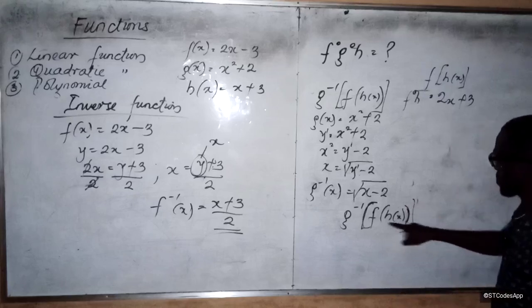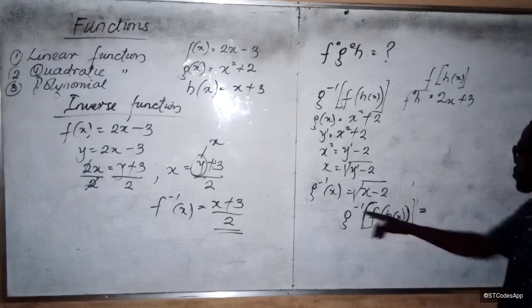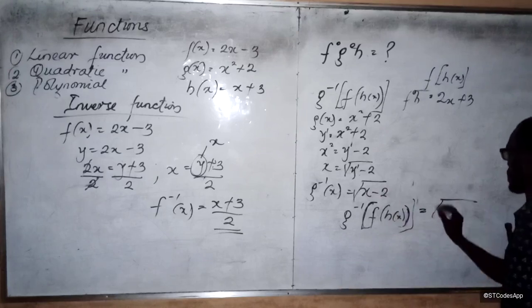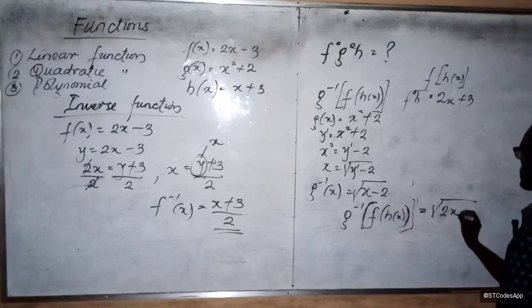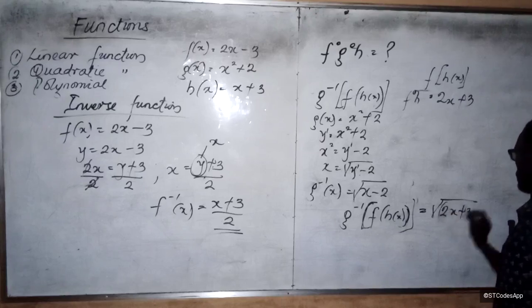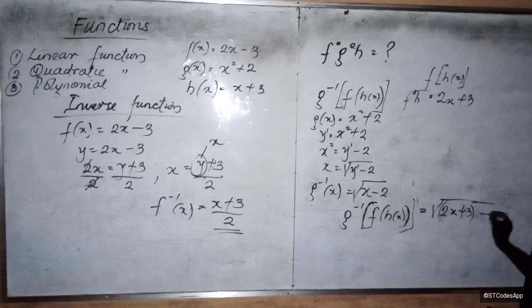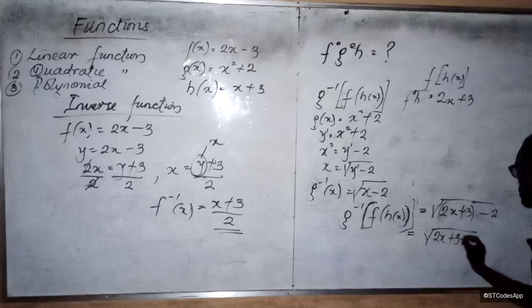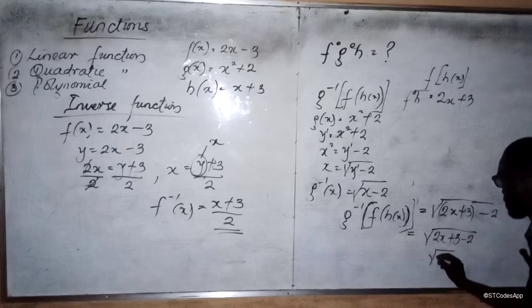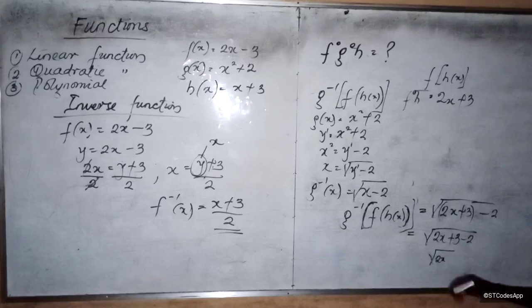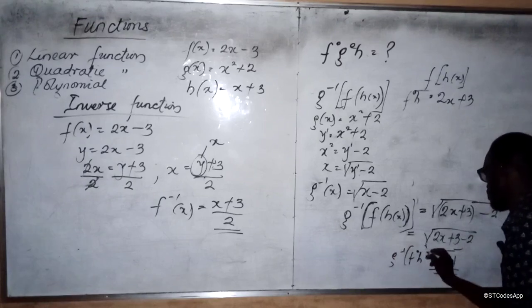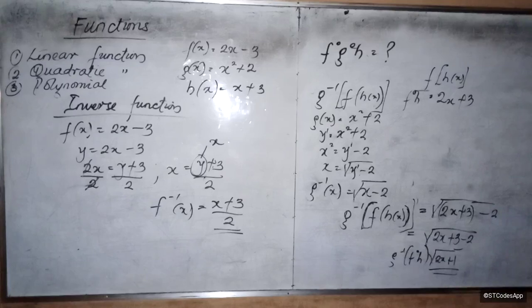This is our g inverse now. So we plug in this value into this place so that we have the square root of 2x plus 3 altogether. That is our x minus 2. And this becomes the square root of 2x plus 3 minus 2 outside now. So we have 2x plus 3 minus 2, that is what? Plus 1. And that is our answer for g inverse of f of h. So that is the answer to this.